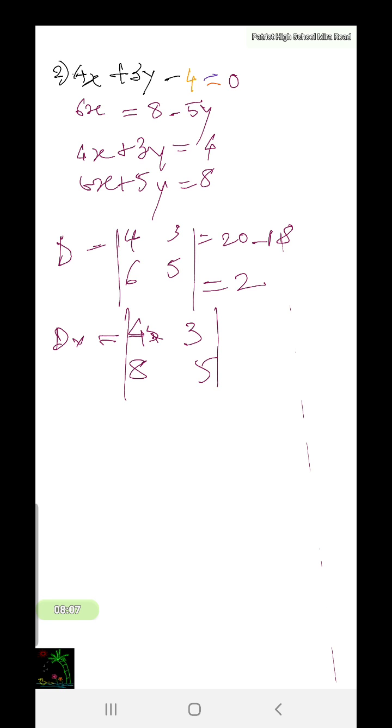So calculating the determinant, we have 4 5s are 20 minus 8 3s are 24, which is minus 4.